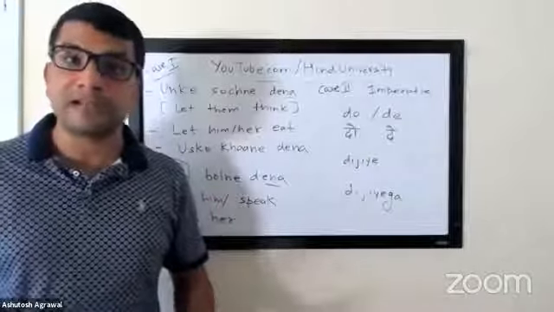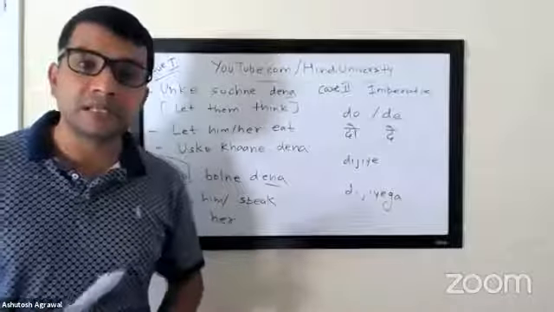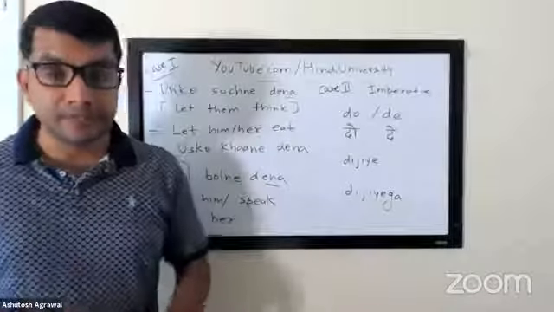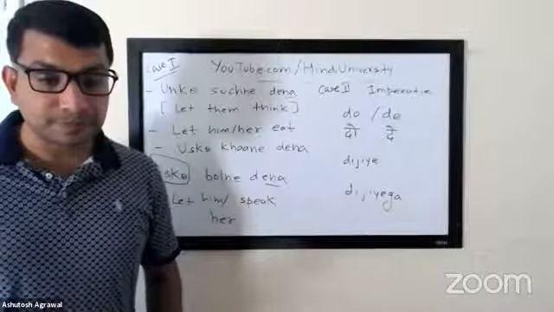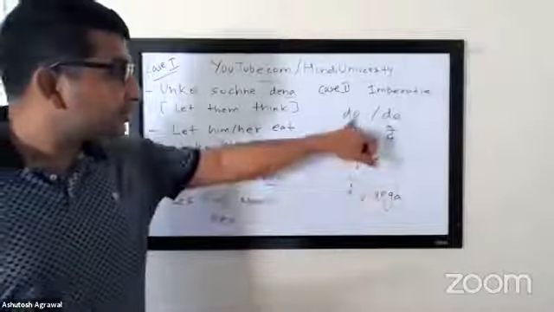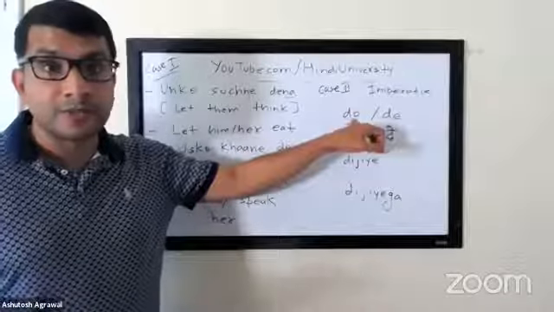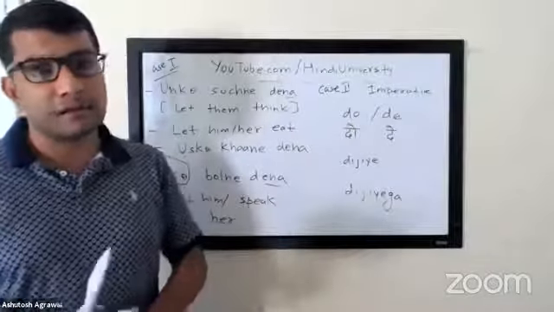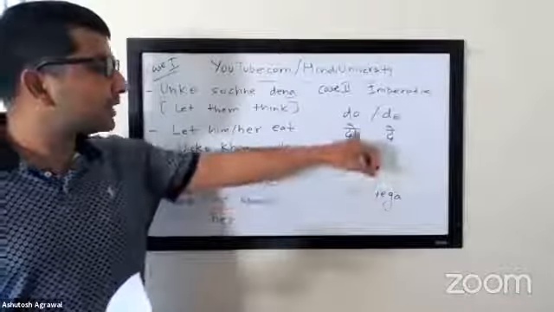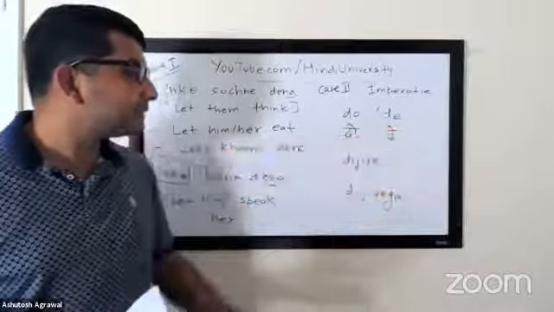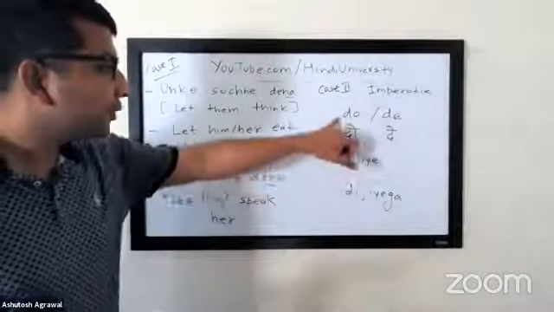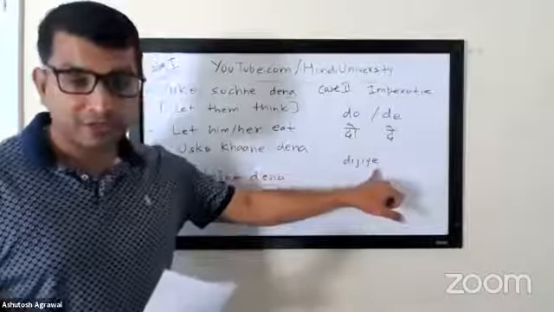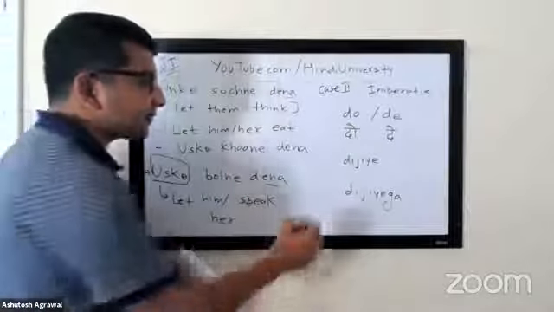Let him eat or let her eat. Usko pani peene dijiye. Or mujhko pani peene dijiye. Let me drink water. I can change it to mujhko pani peene do. Let me drink. All of them in English are the same, but in Hindi, there are subtle differences, based on how you're ending it. Do is in between, de is very, very casual, dijiye is more respectful. So the degree of respect is really going like this.